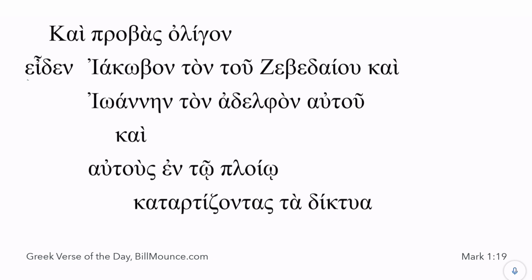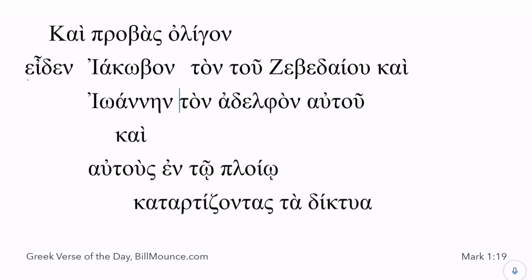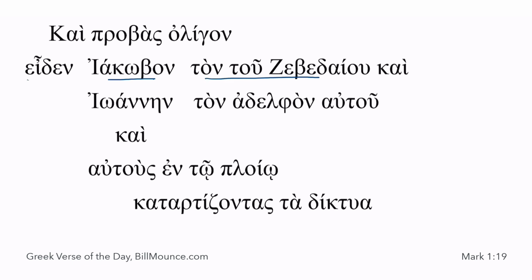I mean, one thing I like to do is, again, especially when space gets tight, I like to make things parallel this way, just putting tabs and doing it like that. So you can see that you have James, and he's the son of Zebedee, and you have John, and he is his brother.